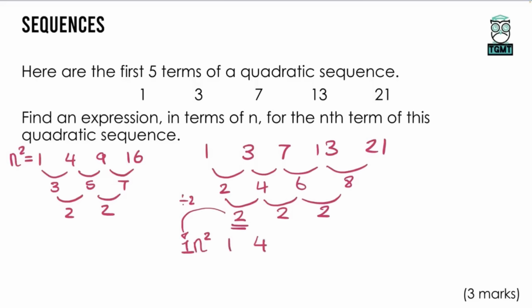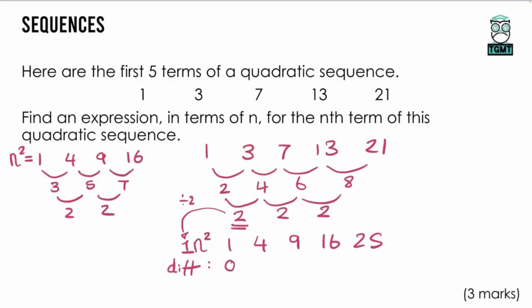Now 1n squared is the sequence that we've just written out: 1, 4, 9, 16. I'm going to put another one because we have 5 numbers in our sequence, and all we want to do is see, okay, well we know it's related to n squared, but how is it different? How does it differ from the sequence we've been given in the question? Now I tend to write that down as the difference. You can write it down as whatever you like, but to get from 1 to 1, that's a difference of 0.